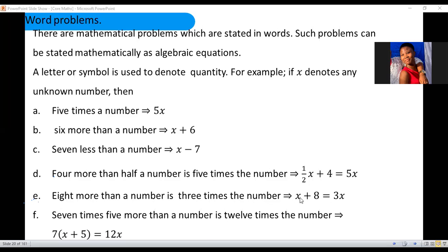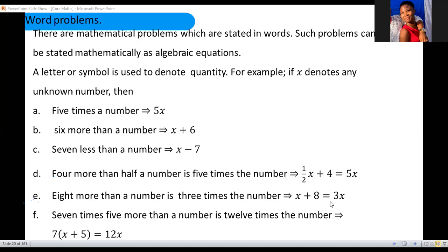So it will be x plus 8 is equal to 3x. Please, any question pertaining to that particular example? Okay.